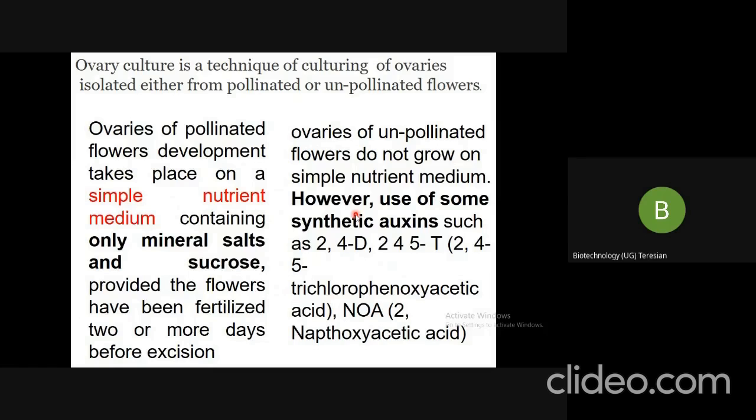So these are the two methods. You can either use pollinated flowers or unpollinated flowers for the development of the ovary culture. You can see how the nutrients vary when you're using the former and the latter.